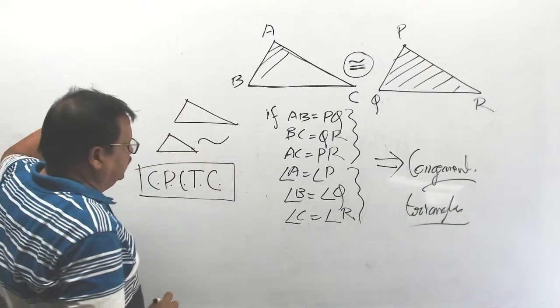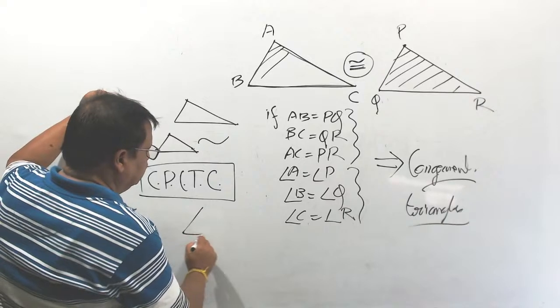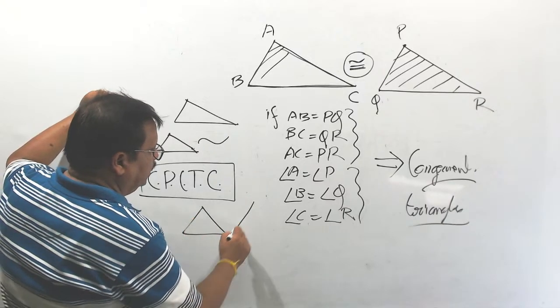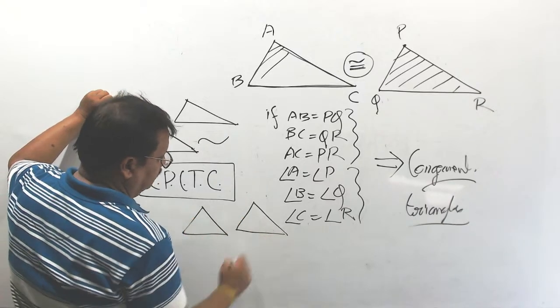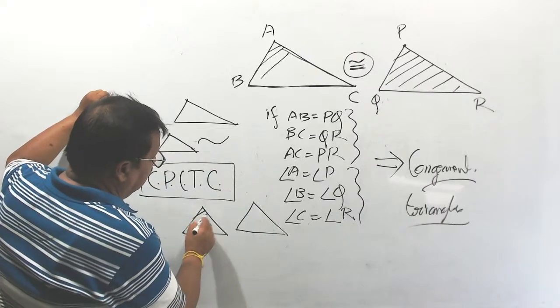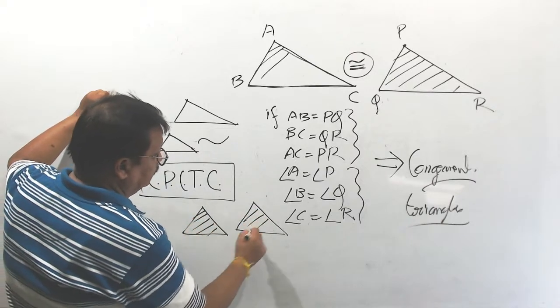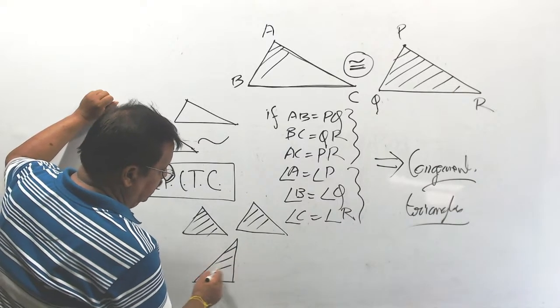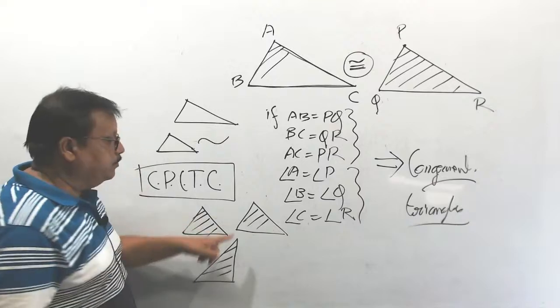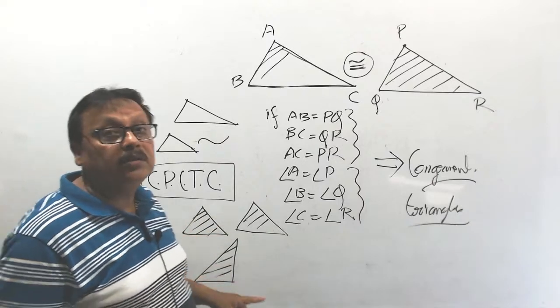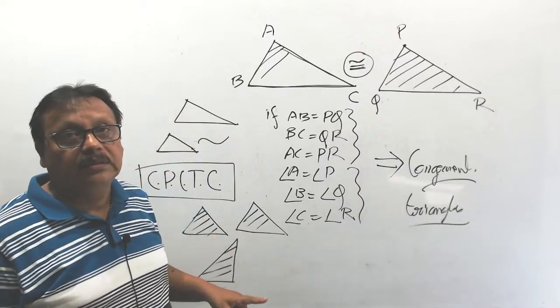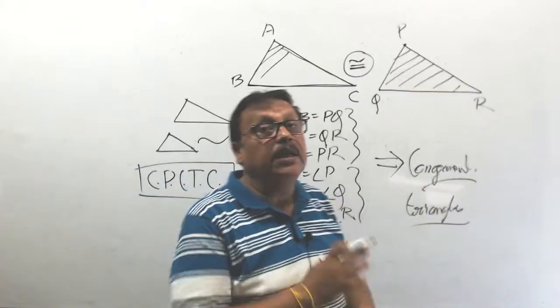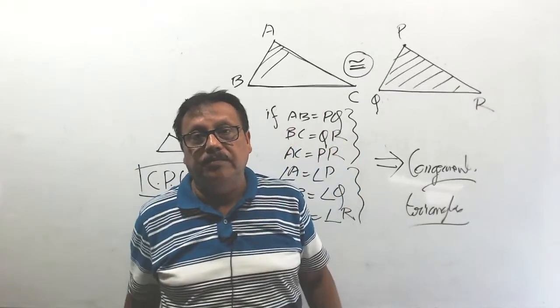Say here is triangle 1, here is another triangle like this. The area may be equal, but their shapes are not the same, so they are not congruent. That means if the areas are equal, it does not imply the figures are congruent. Understood?